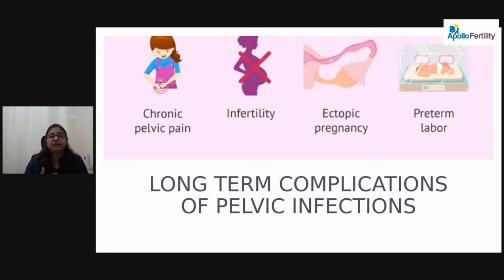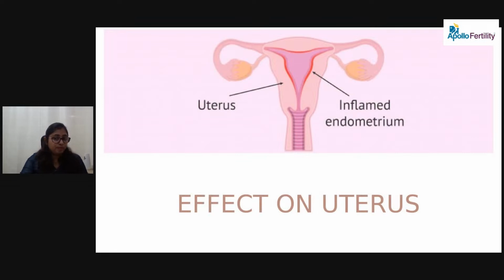If you identify them at the correct time, you can visit your doctor, it can be diagnosed, and we can prevent these long term complications, including infertility, which no one could have thought this small infection can cause, because it really has a great effect on the lining of the womb.